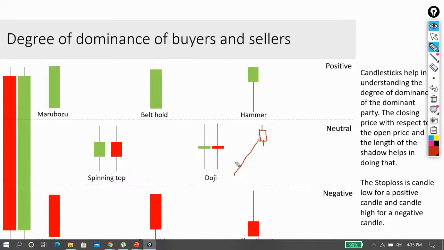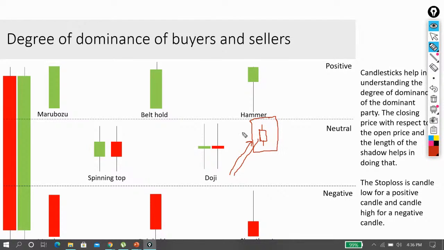This tells us that somehow the buyers have lost control, because after such a good move, why is there a confusion? Spinning top and doji are confusion candles, right? We just discussed that. So why is there a confusion candle here? If there is a confusion candle, this means the buyers are not sure of what to do next. And also it could be there is emergence of selling pressure.